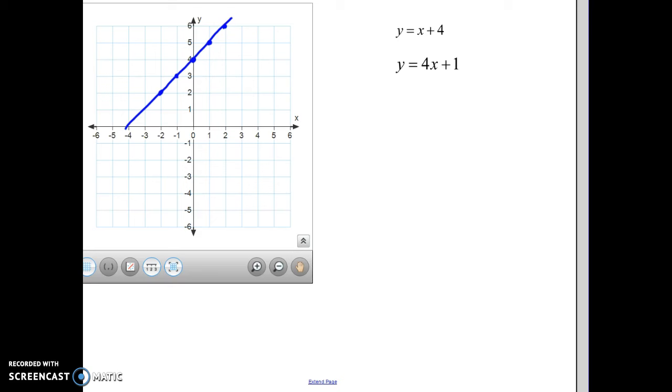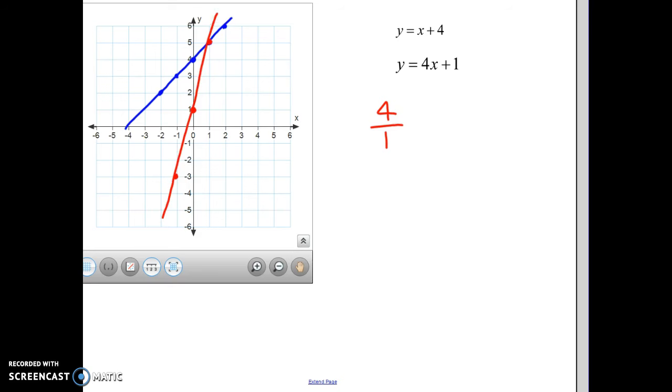My second equation, y equals 4x plus 1, has a y-intercept of +1 and a slope of 4, meaning that I have a rise of 4 and a run of 1. Again, I use a straight edge and try to get this line as straight as possible.